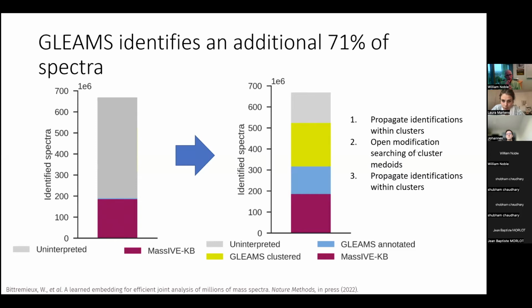And then we took the medoids of each of the remaining unidentified clusters and did a more expensive search operation called open modification searching, which would be computationally infeasible to do systematically across the entire dataset, but you can afford to do if you have Gleams telling you which ones are interesting and worth expending the compute on. And then we identify additional ones and propagate their identifications within clusters as well. And so when we do that, we're able to actually identify 71% more spectra.